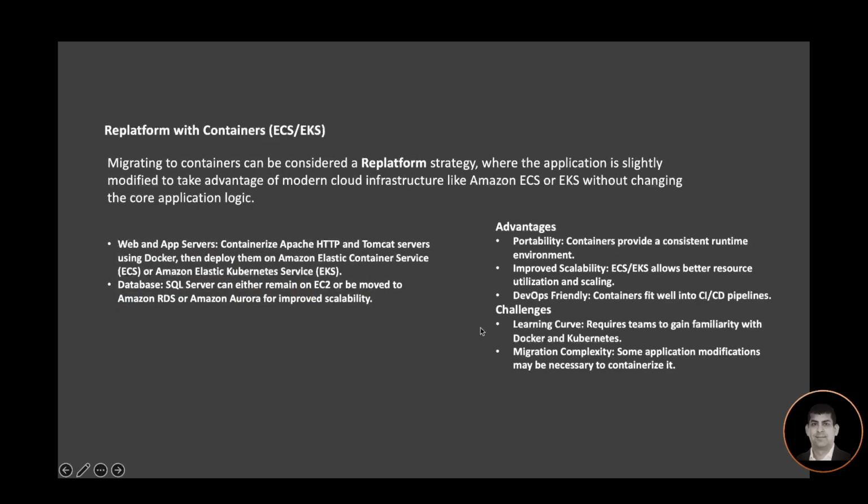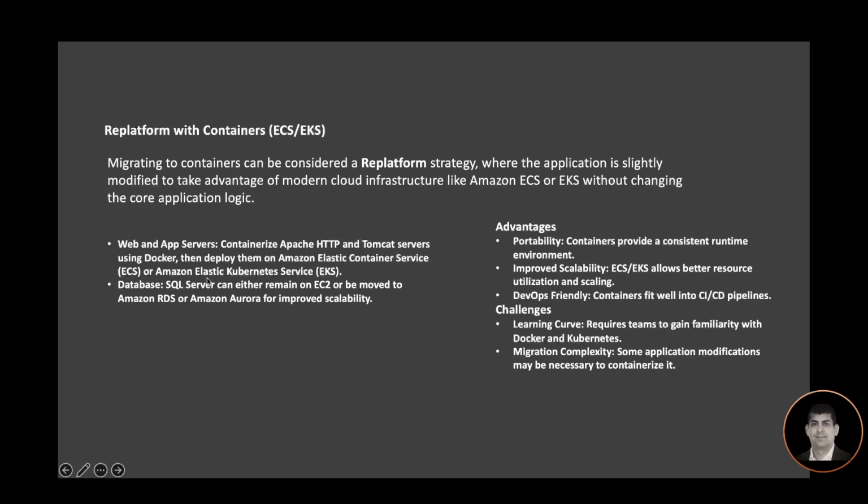Now, let's look at the replatform with containers. ECS and EKS are the services offered by AWS, sort of the equivalent of Kubernetes. Migrating to containers is considered a replatform strategy, because you're taking an application which is not in a container, putting it in a container, and using one of these services without changing the core application logic.